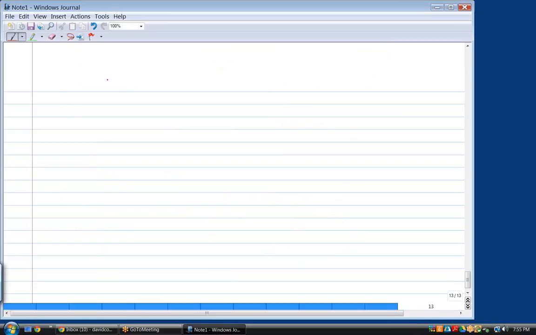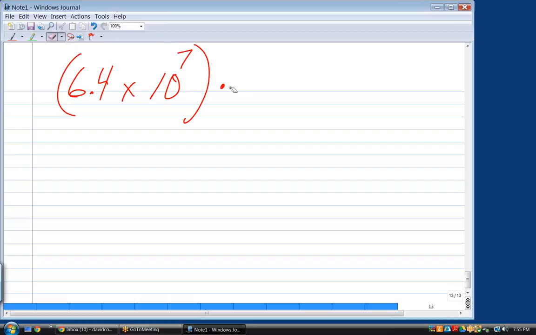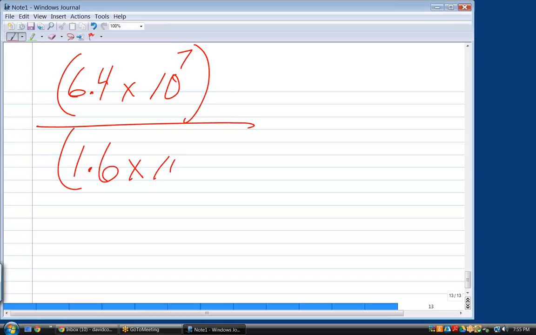Okay, the next one is, in the first set of parentheses, 6.4 times 10 to the power of 7, and then that's over another set of parentheses, 1.6 times 10 to the power of 5. Same thing.